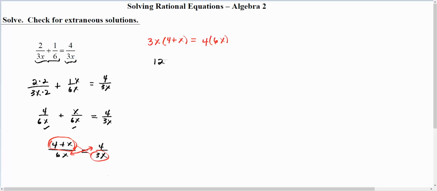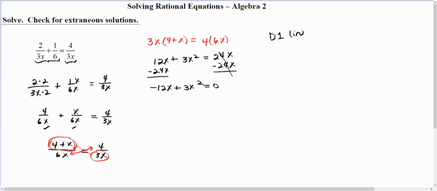So this becomes 12x plus 3x squared equals 24x. Minus 24x, minus 24x. So now I have minus 12x plus 3x squared. And in this case, because it's a quadratic, I have to factor. If it was degree 1, linear, then I would solve for x.